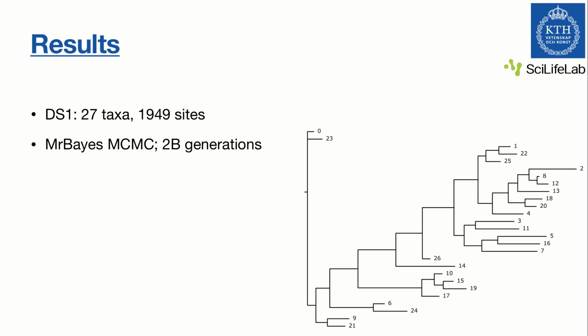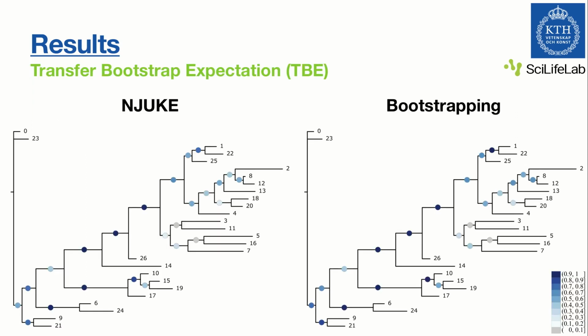We ran our method on a real biological dataset called DS1, which is commonly used in phylogenetic inference literature. We ran MrBayes for 2 billion generations and discarded some samples as burn-in. Then we used the majority consensus tree, which is shown on the right, as our ground truth topology. We compared the transfer bootstrap expectation, TBE, scores of each edge between NJUKE and bootstrapping.